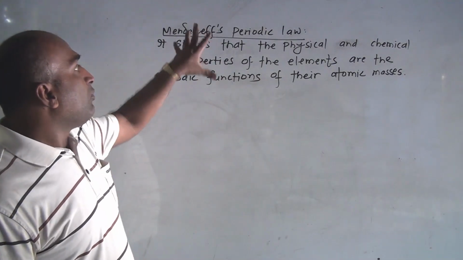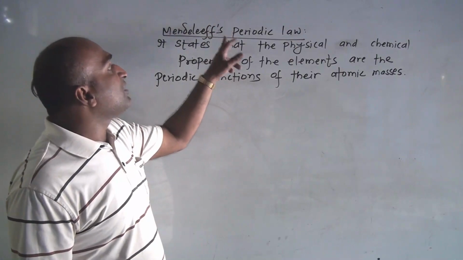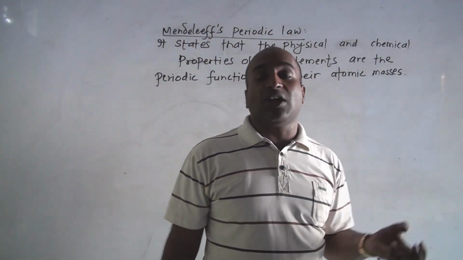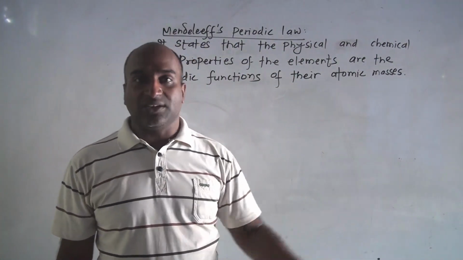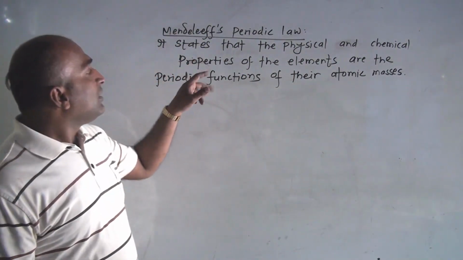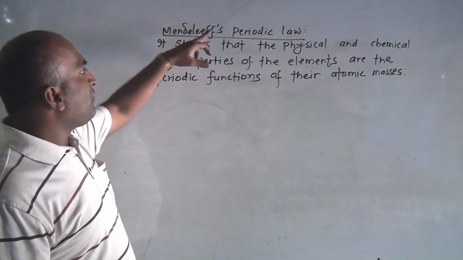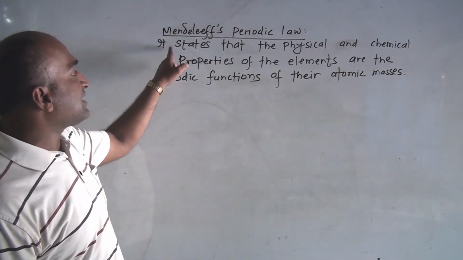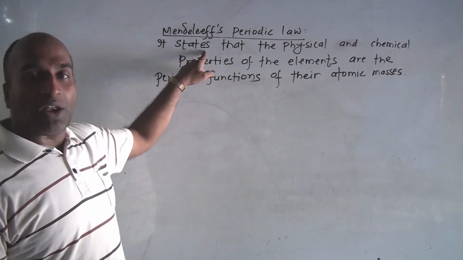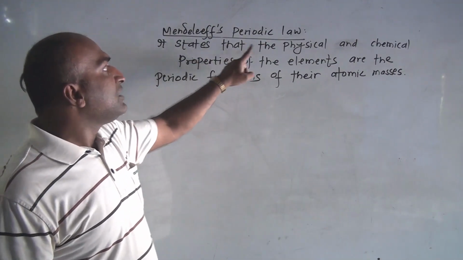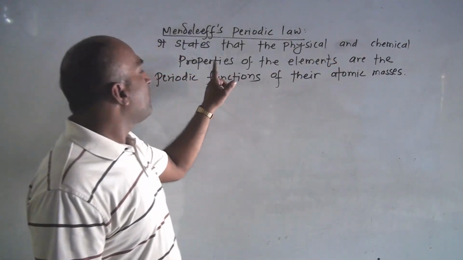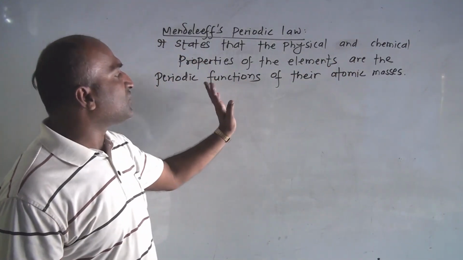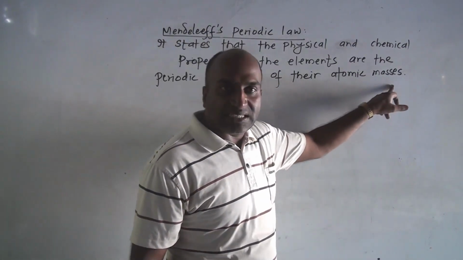Now, what is the statement of Mendeleev's periodic law? What does it state? Mendeleev's periodic law states that the physical and chemical properties of the elements are periodic functions of their atomic masses.